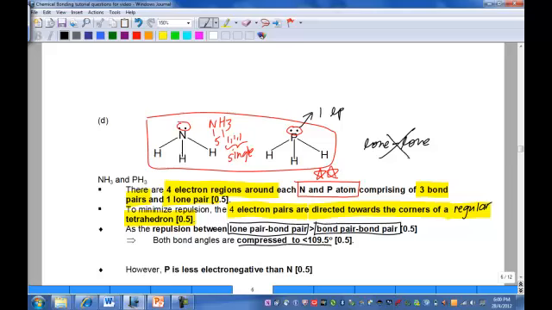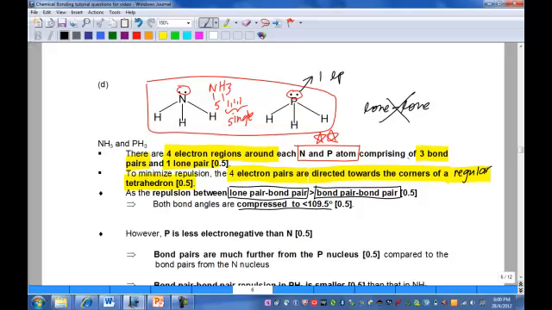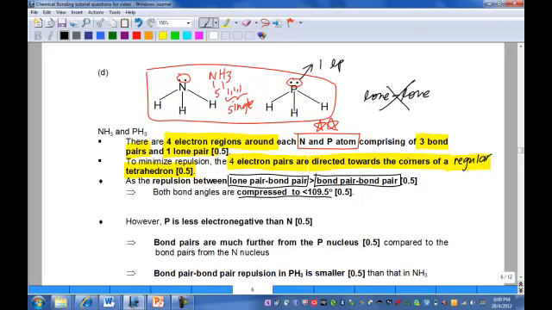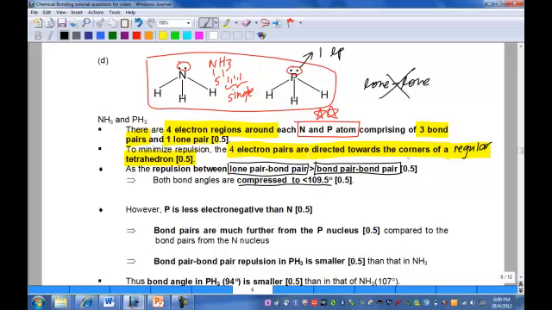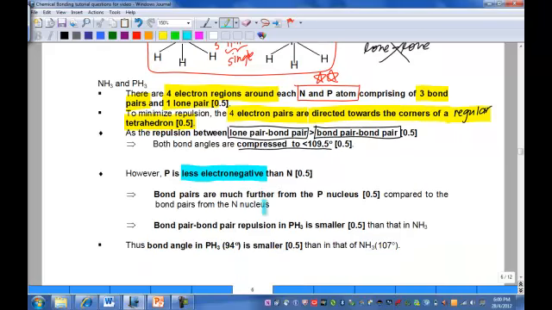But in this case, how do we explain the difference in the bond angles? If you go back to your lecture notes, you will notice we need to talk about this point known as electronegativity. So P is less electronegative than nitrogen, because if you look at the periodic table, nitrogen is above phosphorus, and we know that electronegativity down the group actually decreases.